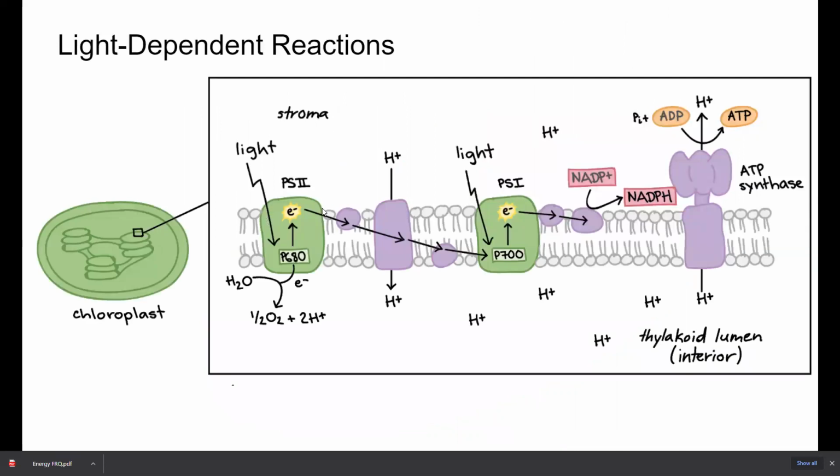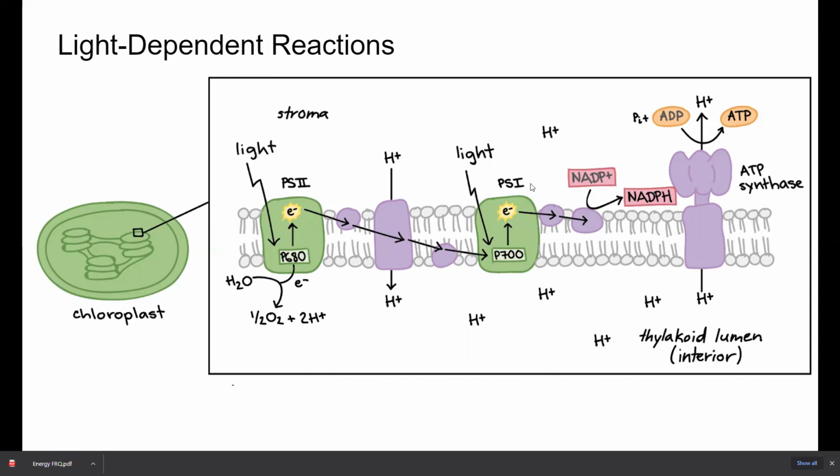So let's talk about the light-dependent reactions, which are occurring again on that thylakoid membrane. Inside of the thylakoid is going to be what's called the thylakoid lumen. That's the little inside of the pancake. And then outside, as I said, is the stroma. So light is going to come.